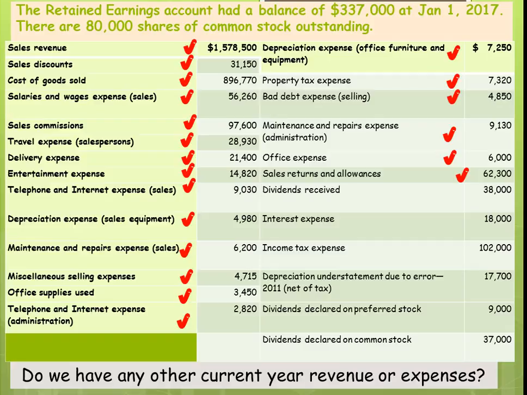Now, do we have any other current year revenue or expenses that have to go on the income statement? Well, we would have to include dividends received because this is income to us. We have also interest expense, which is a cost of doing business, and we have our income tax expense.